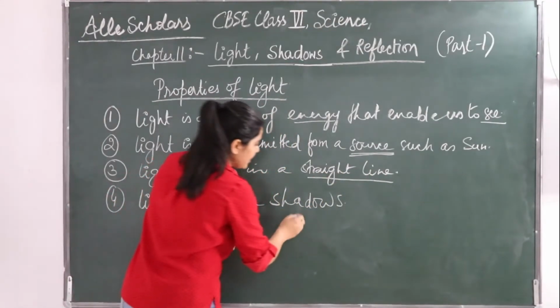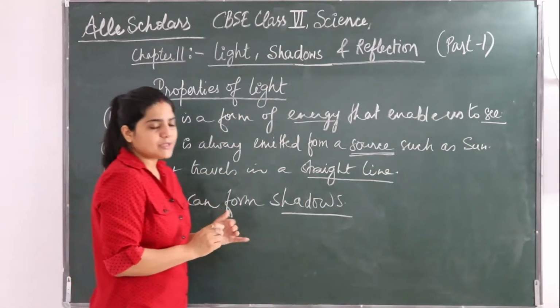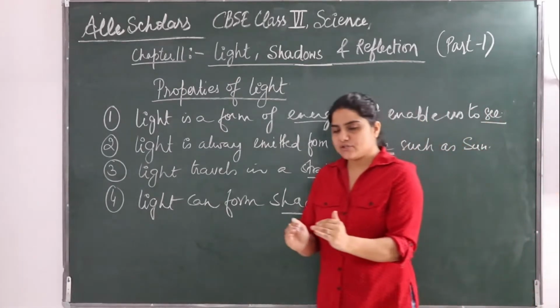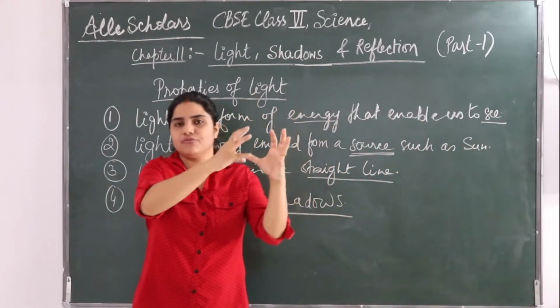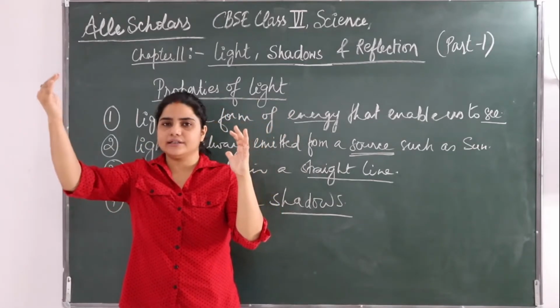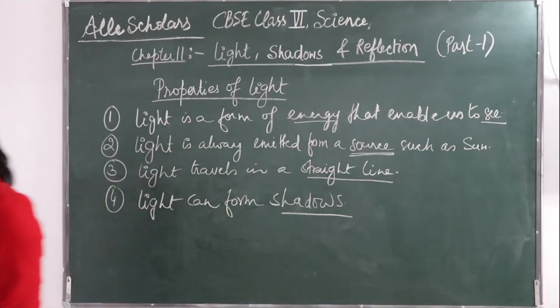Light can form shadows. Okay? So I hope it is clear to you what light is and what some of its properties are. It is because light falls on an object and is reflected back to our eyes that we are able to see. Fine?